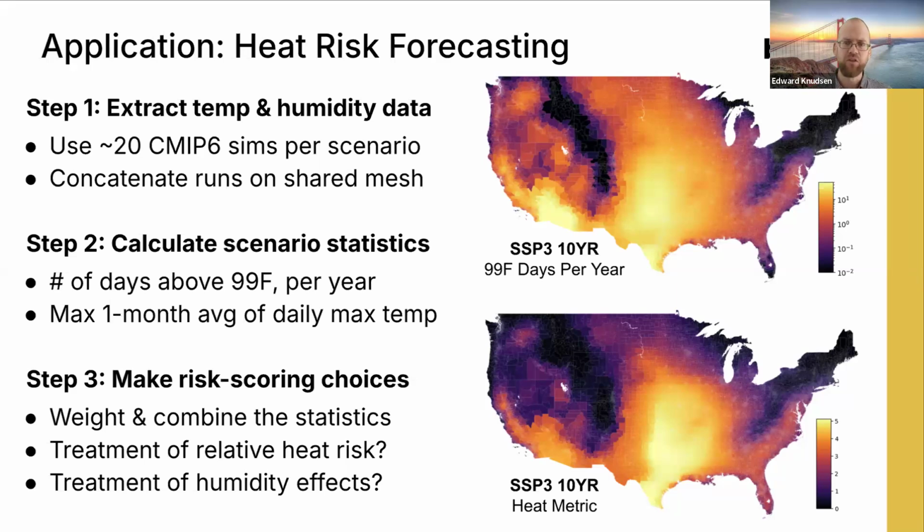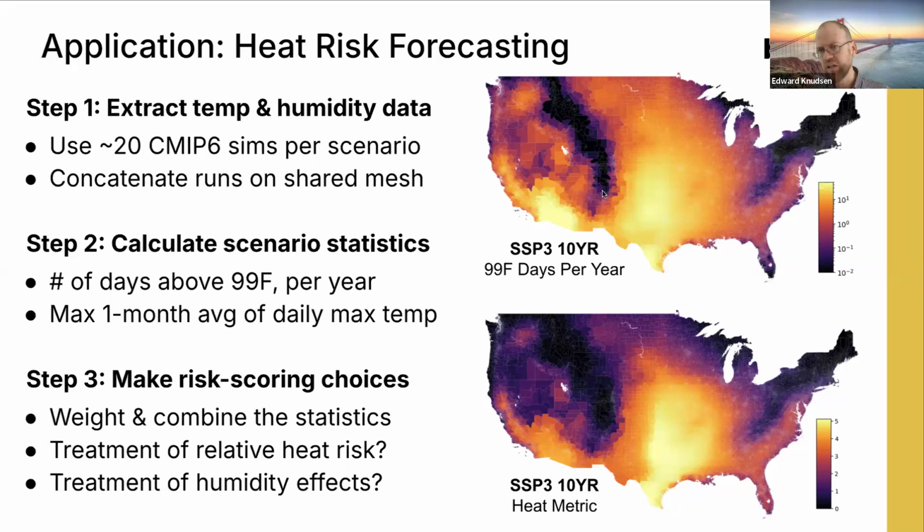So these are choices made in thinking about risk that are not set a priori by the climate modeling results. Humidity effects are also very important, right? So we can weight humidity more or less in thinking about how much heat is concerning as a risk factor.